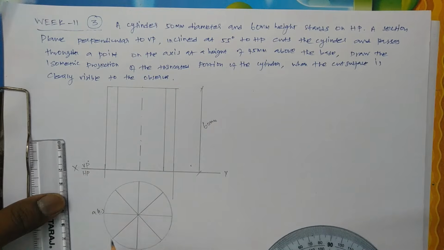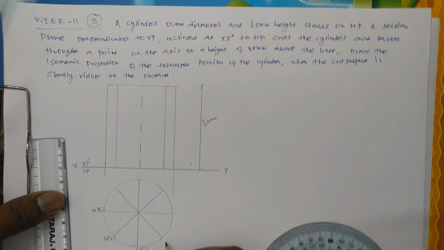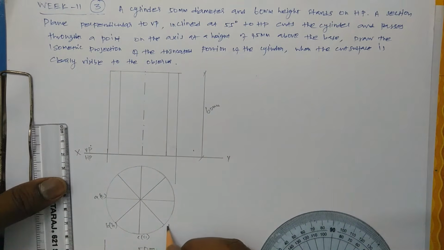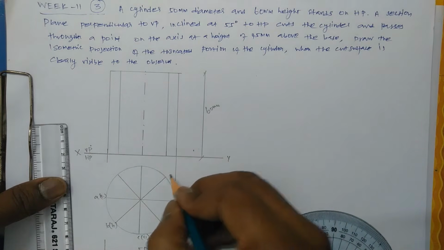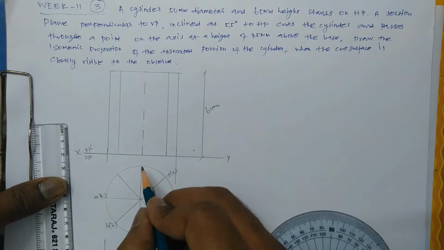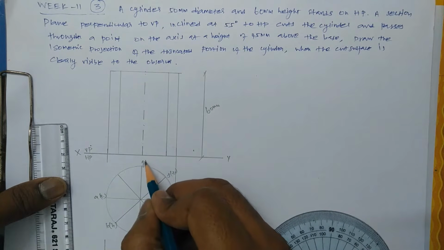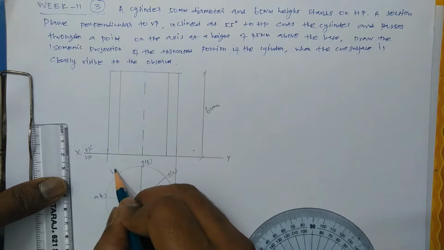Let us denote the points: A1 is base, A is top, B B1, C C1, D D1, E E1, F F1, G G1, H and H1.